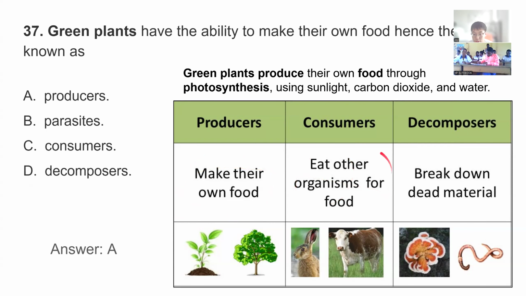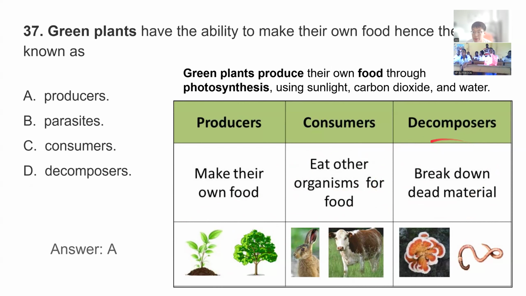The consumer needs to eat other organisms for food, whether they be herbivores or carnivores. Herbivores eat the producers. Carnivores eat other organisms, like other animals.